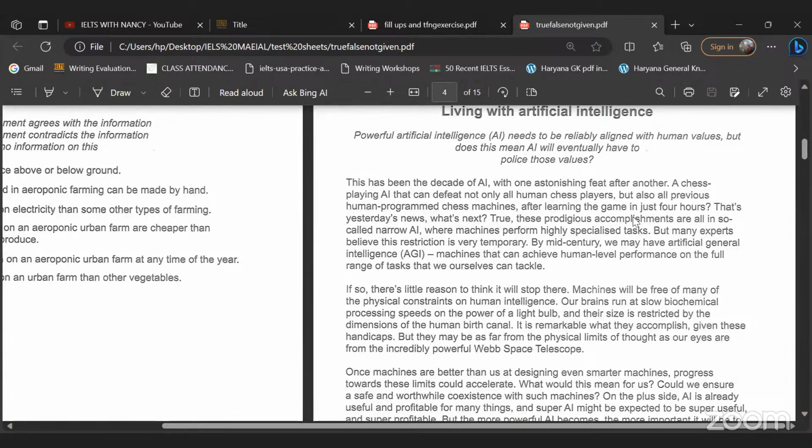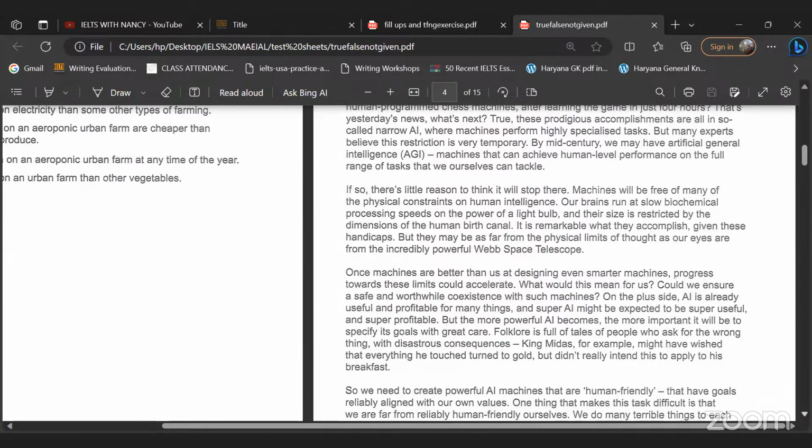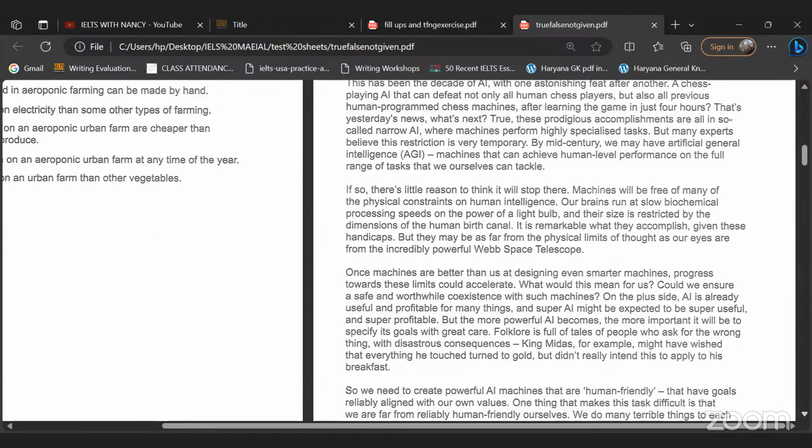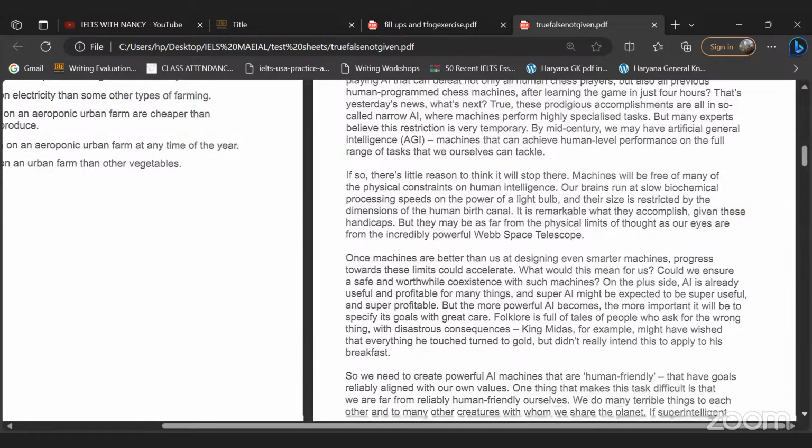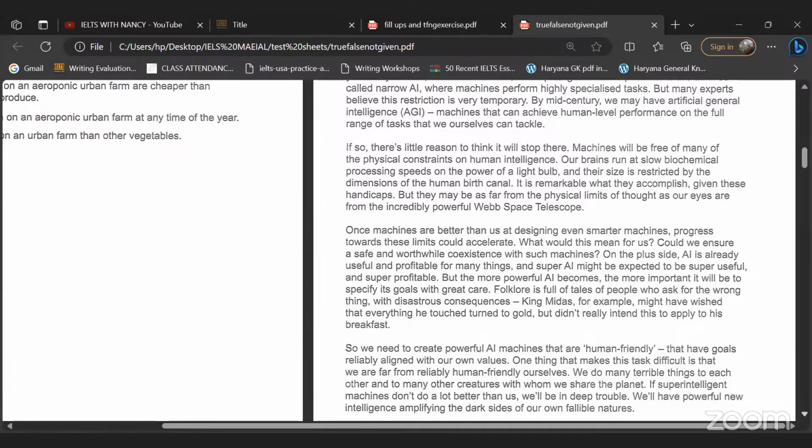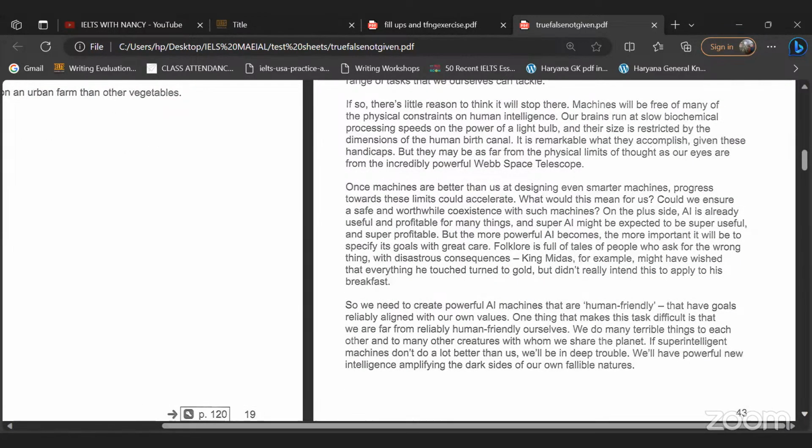They are talking about human programs, prodigious accomplishment, artificial intelligence. No. In the second paragraph, have they given anything about machine, moral? Machines are being given. Moral decision, community. No. Machine, moral community.